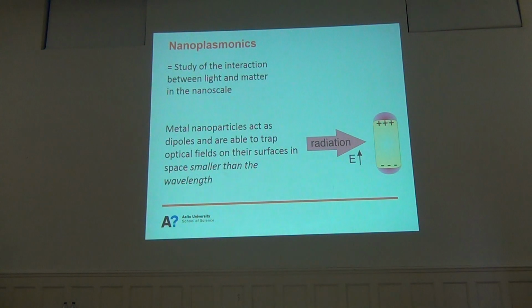So first of all, nanoplasmonics is the study of the interaction between light and matter at the nanoscale. We are working with plasmonic nanoparticles, and these small nanoparticles act as antennas for the light, so they can enhance some of the wavelengths, or they can absorb some of the wavelengths.